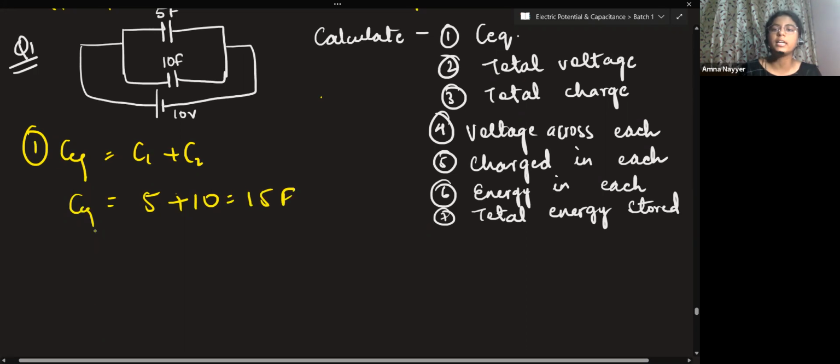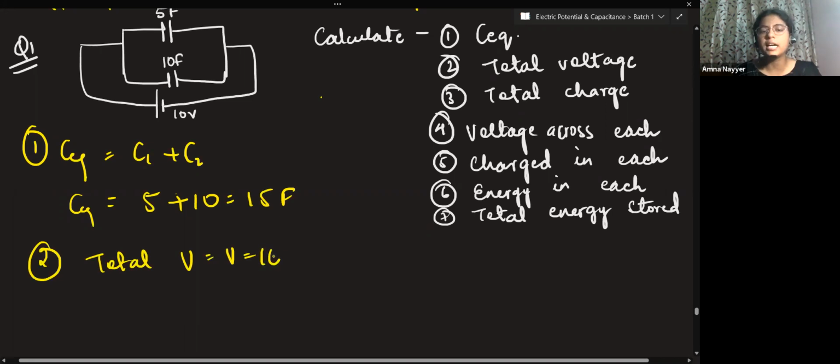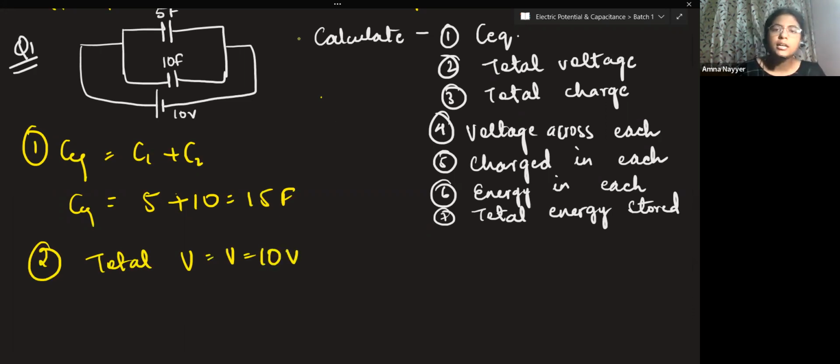All right. Total voltage. These are connected in parallel. And even if they had been connected in series, total voltage is this only, no? That is 10 volt. So total voltage V is 10 volt. Yes, Salman, fourth part is right.